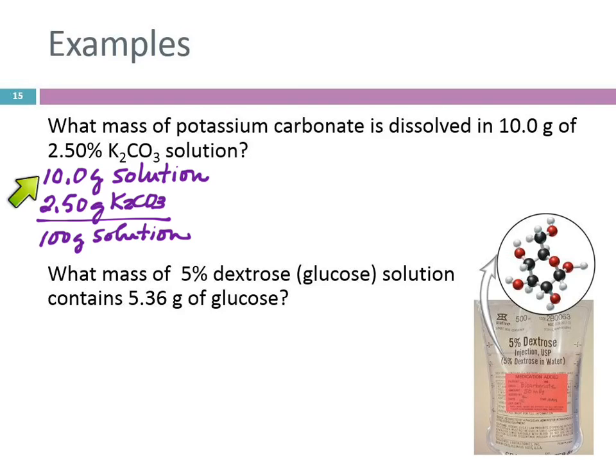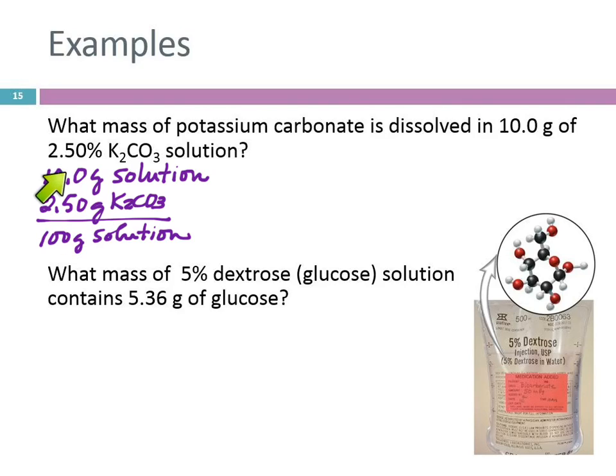So here we have our two quantities, and we're trying to find mass of potassium carbonate. We have two numbers here. This is just grams, and this is grams per 100 grams. This is a unit factor.